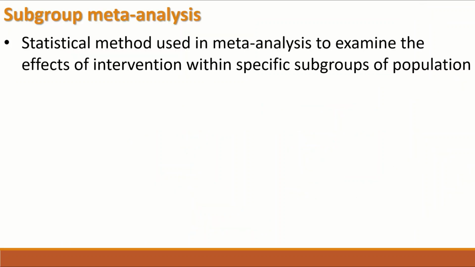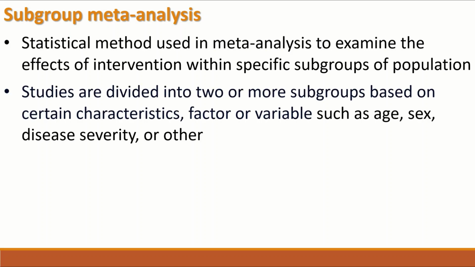Subgroup meta-analysis is a statistical method that is used in meta-analysis to examine and assess the effects of an intervention or treatment within specific subgroups of a population. So the studies in subgroup meta-analysis are sectioned or divided into two or more subgroups based on certain characteristics, a factor, or a variable such as age, gender, disease severity, and so on.